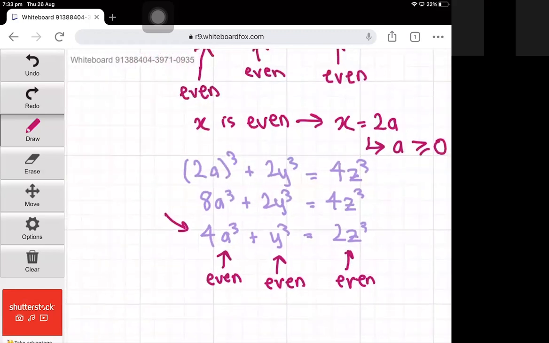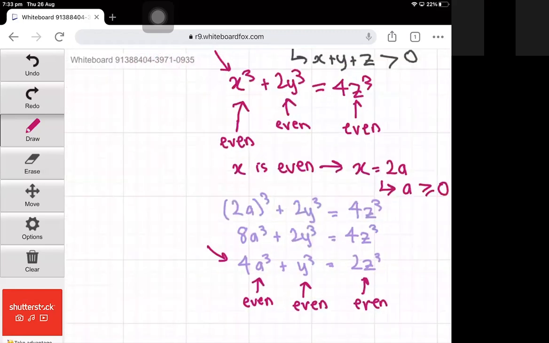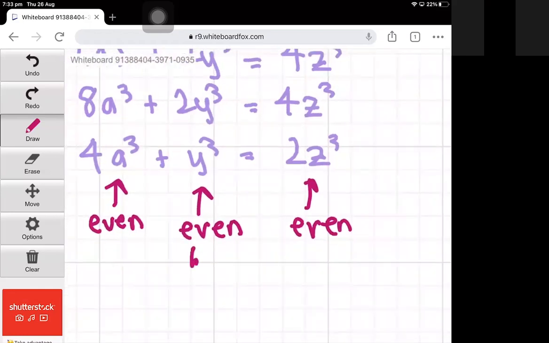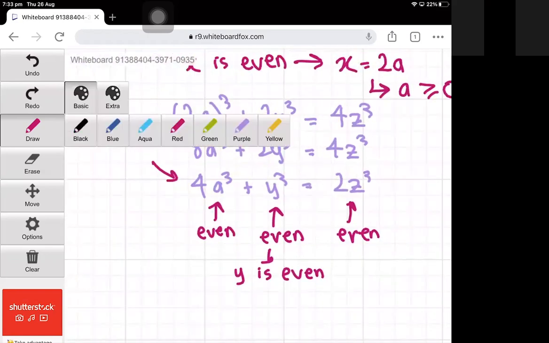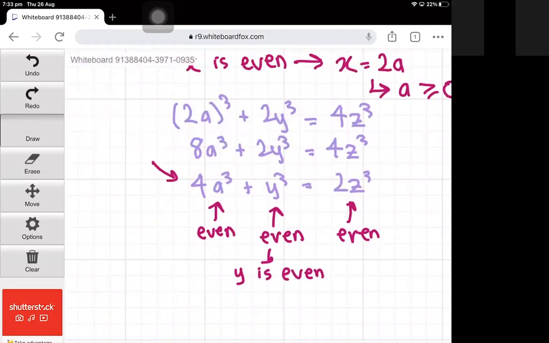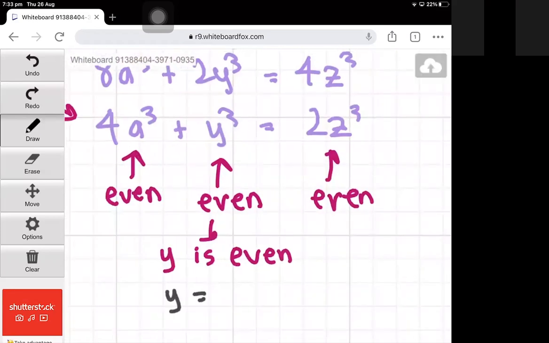And since y cubed is even, just like earlier, y must be even. So y can be written as 2b, where b is a non-negative integer.